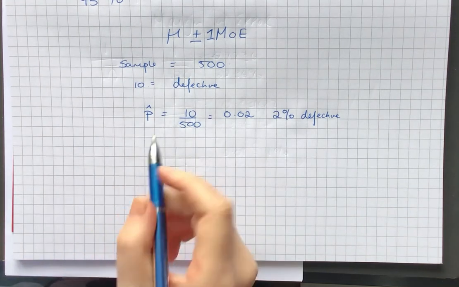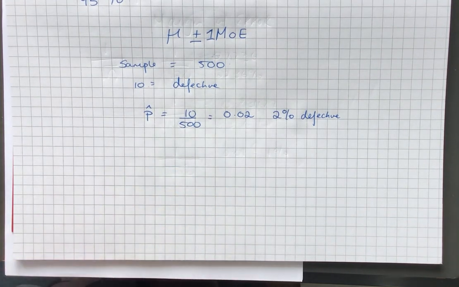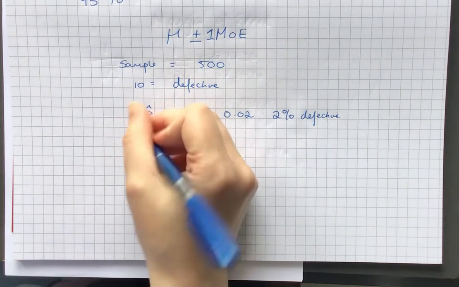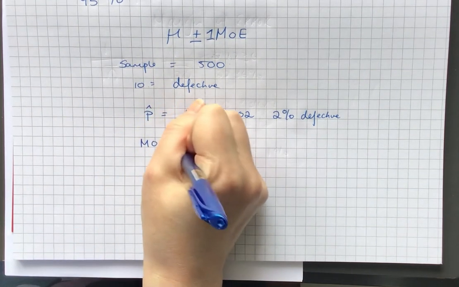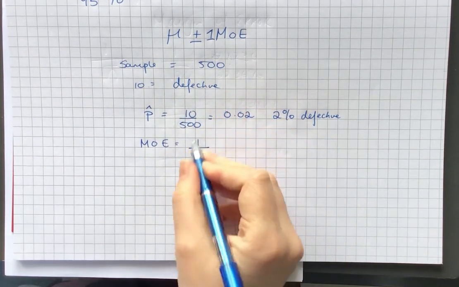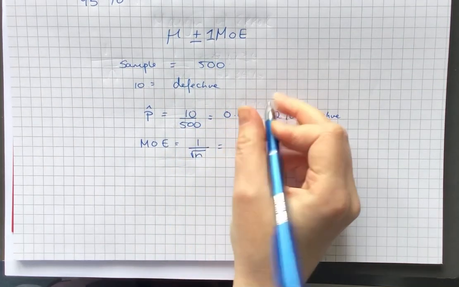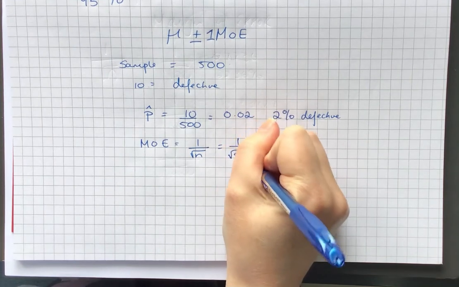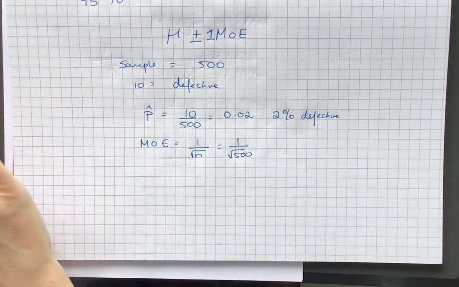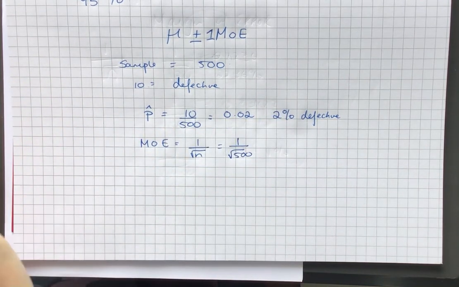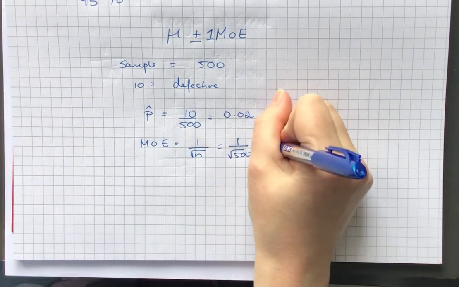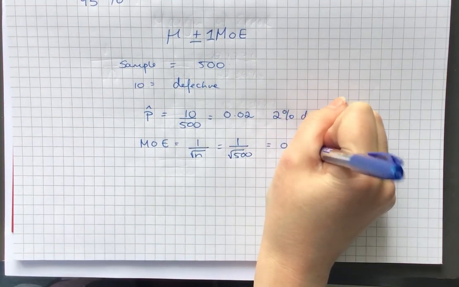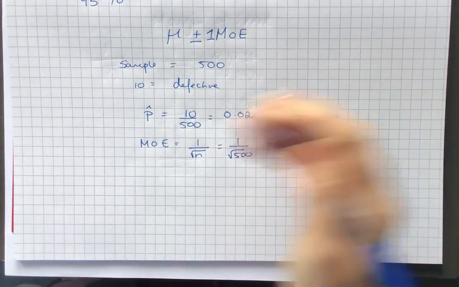So I then want to create my confidence interval. For me to do my confidence interval, I need to know what my margin of error is. So remember, for margin of error, it's 1 over the square root of the size of the sample that you surveyed. So in this case, it was 1 over the square root of 500, which is equal to 0.04472, and it goes on and on.